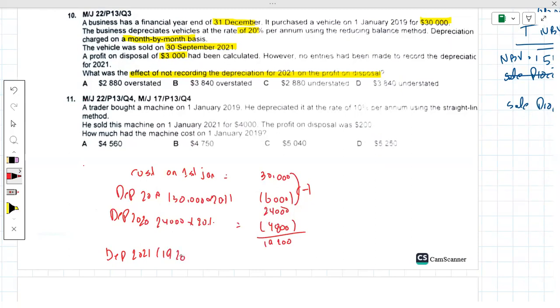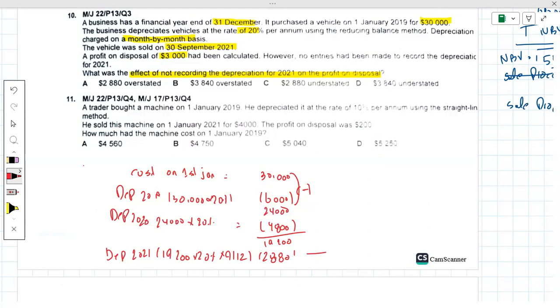So 19,200 multiply 20%. Multiply by 9/12. So you would get the depreciation, which is 2,880. So the depreciation is 2,880.